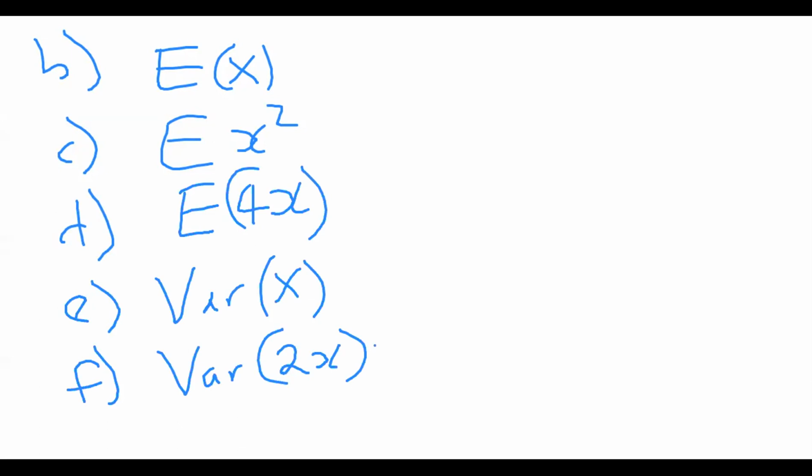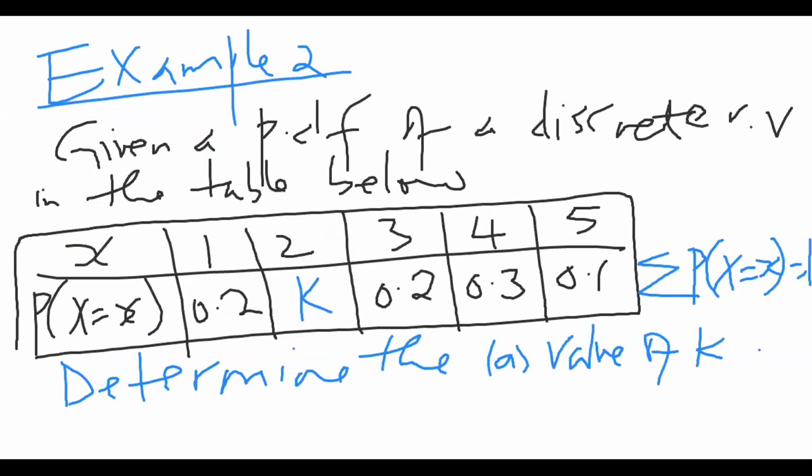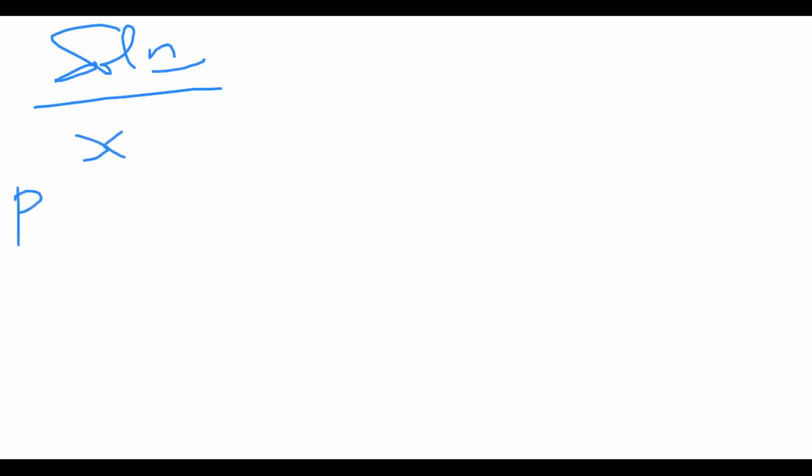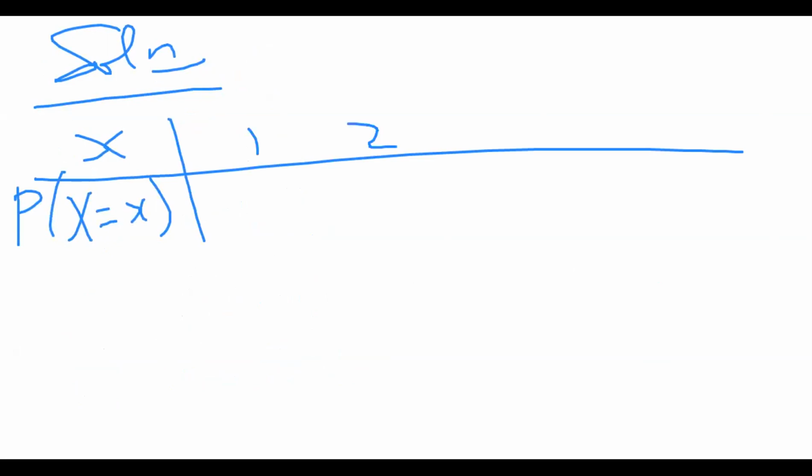Yes, those are my questions for you to try out, but we're going to try them out together. Then I'll give you another question for you to try out, which you will answer and send the work for marking. So to start on this, we have values of x and their probabilities. I'll say solution, we have values of x, then probability of x equals x. I'll have 1, 2, 3, 4, and 5.